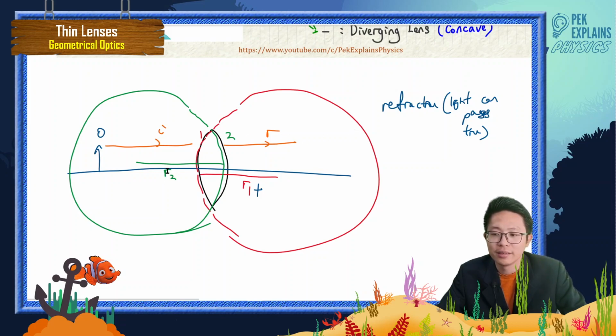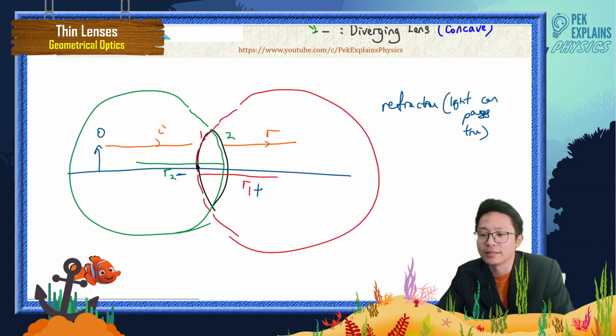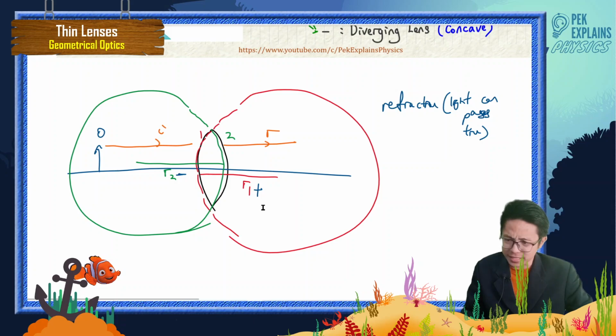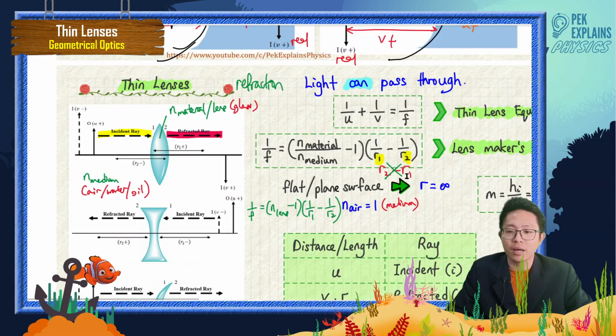This one, the refracted ray is at the right hand side, but this radius 2 is at the left hand side, so at the opposite side. So this is the negative radius. That's it to determine whether it's a positive or negative sign for the radius. Very easy. So we can know whether R1 is positive or negative.